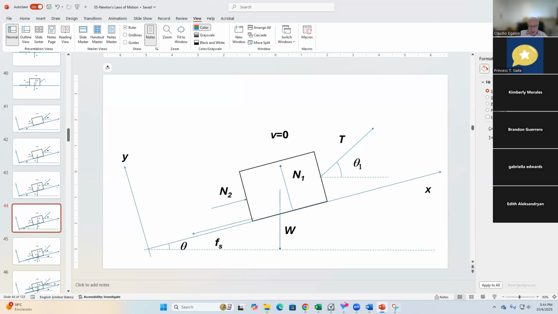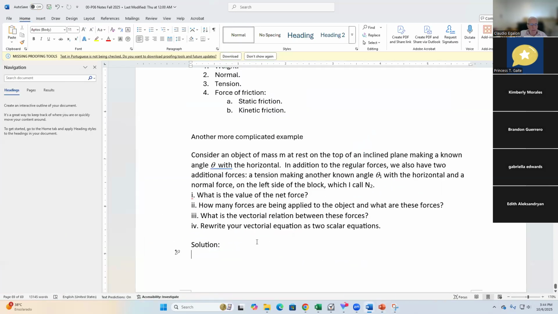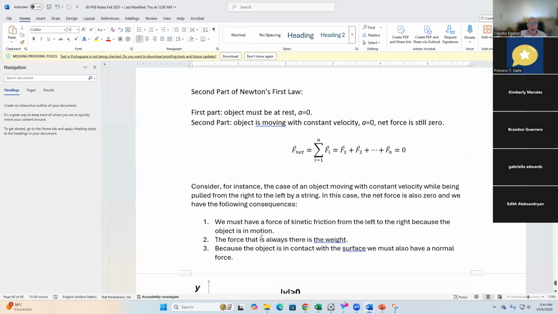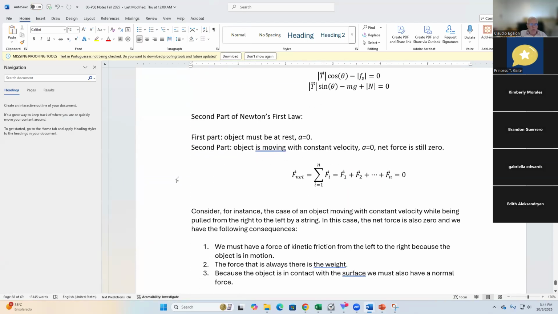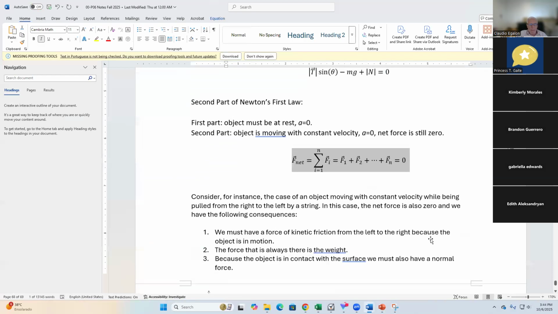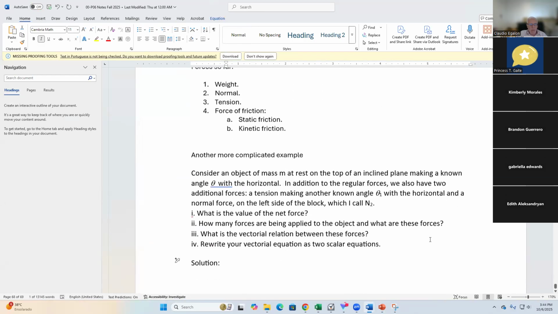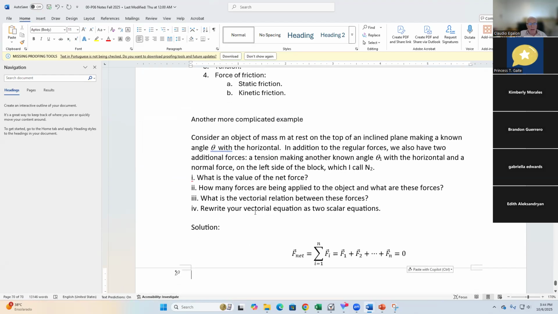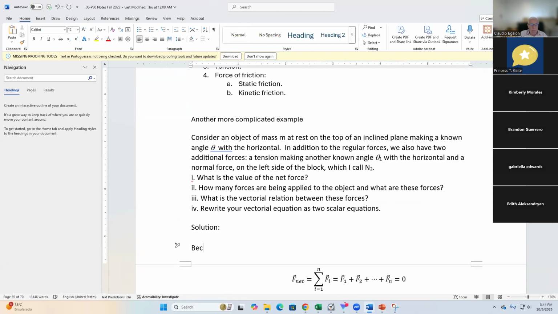Okay, so let's document all of that here. Solution. What the net force, you already know, right? The net force is equal to 0. The object is at rest, and because the object is at rest, the net force must be 0.